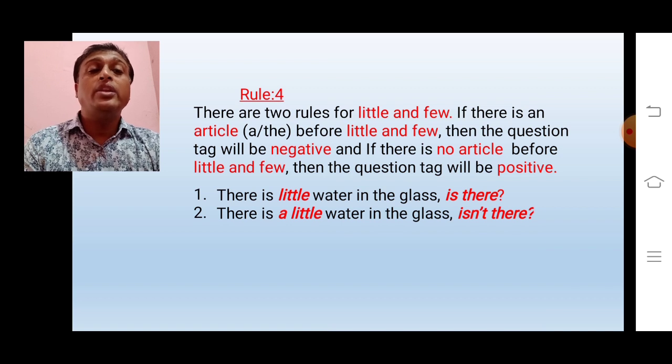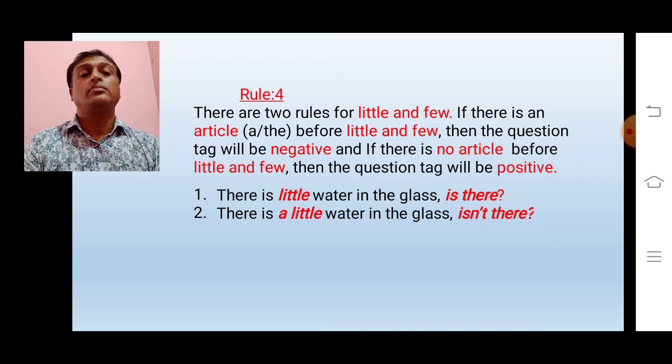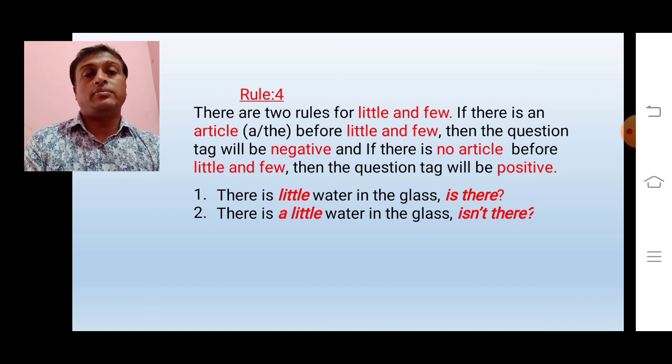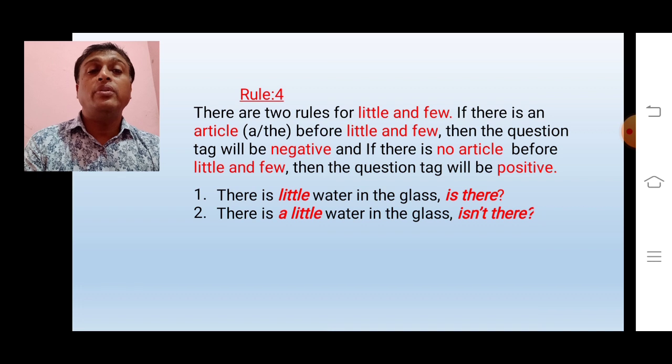There is a little water in the glass. Here, a little. That means there is an article before little. So, if there is an article before little, it is a positive word.